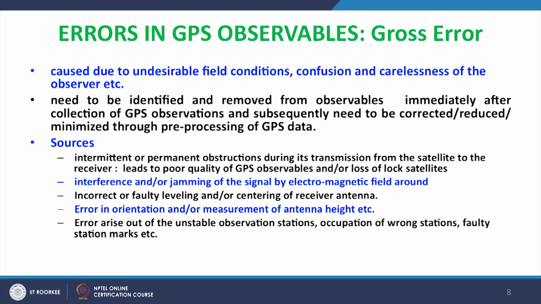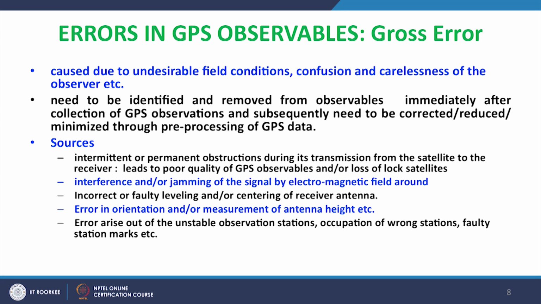However, these errors need to be removed immediately after collection of GPS data. Of course, before removing we need to identify whether our data is associated with a gross error or not, and if it is, then we have to remove those errors.